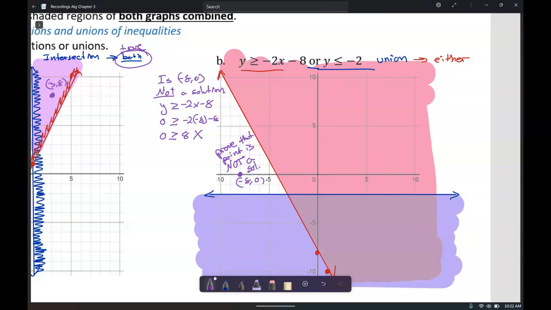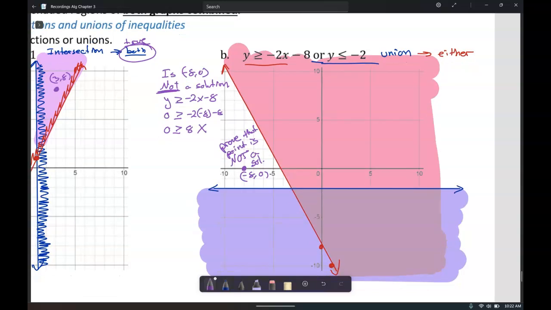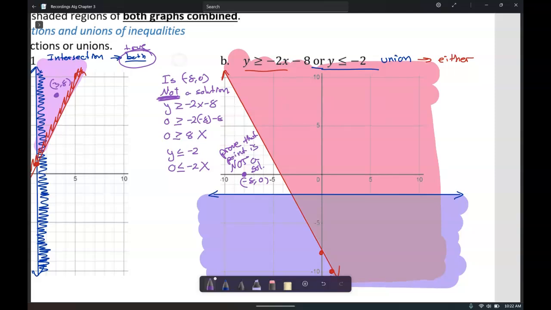No, it's not. So far so good. (-8, 0) is not a solution. Let's check the other one. y is less than or equal to negative 2. Is 0 less than or equal to negative 2? No, it's not. 0 is greater than negative 2. So again, we know that it is not a solution. So we know that our shading is probably correct because we did not get a solution when we plotted something outside of the shaded region.